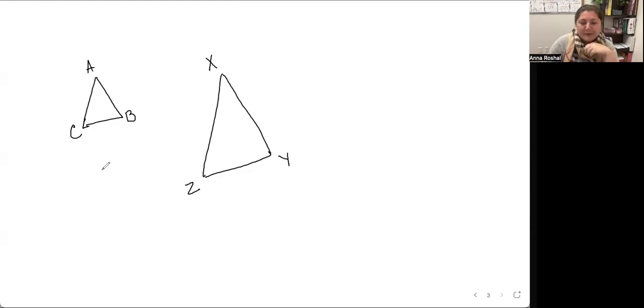Thank you for bearing with me. If I know that angle A and angle X are the same, and if I know that C and Y are the same, and if I know that B and Z are the same, I'm going to need to create a similarity statement. So I know that triangle A is going to be similar to triangle X.